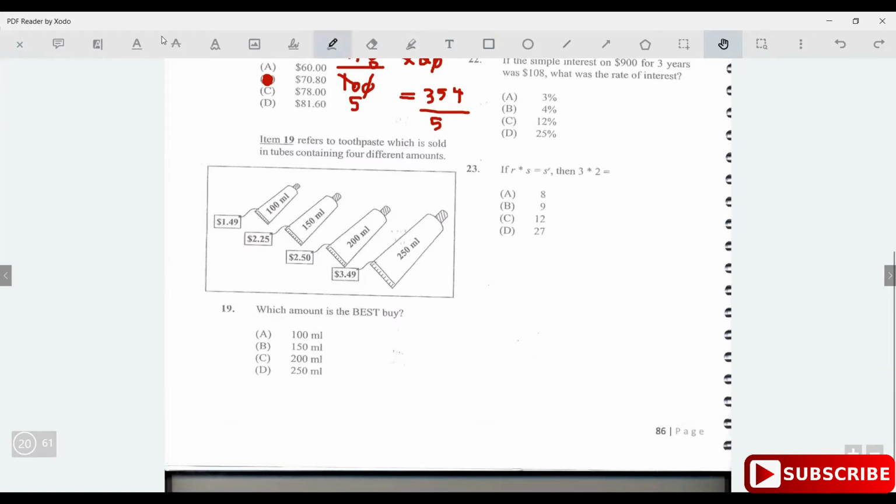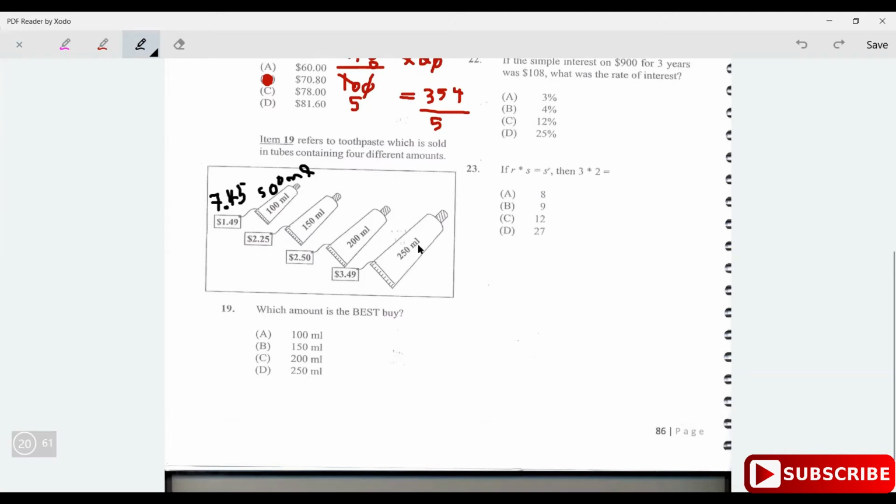And you might say, why 5? If I multiply it by 5, what I'm saying is a 500 milliliter of this would be 5 times 1.49. 5 times 1.49 is 7.45. So if I were to buy 5 of these small bottles, I'd pay 7.45. Now look why I chose 500 milliliter.